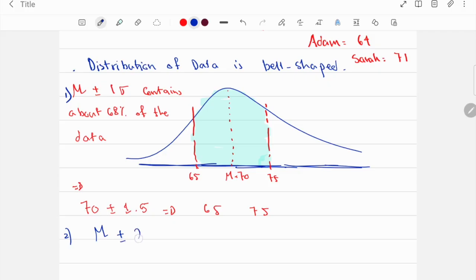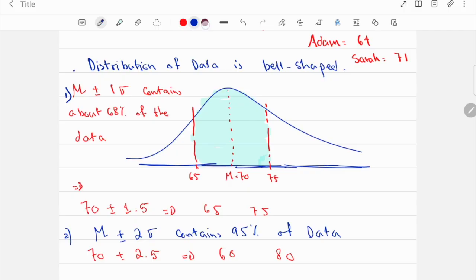mu plus or minus 2 standard deviations contains, guess what, about 95% of the data. What does this mean? Mu is 70, plus or minus 2 times 5, which is 10. So 70 minus 10 is 60, and 70 plus 10 is 80.